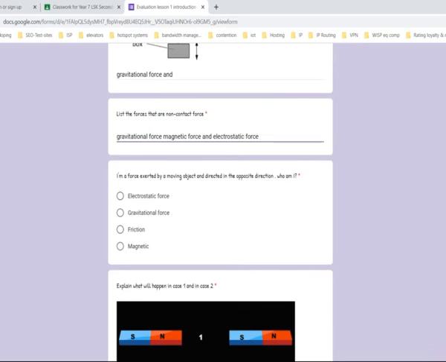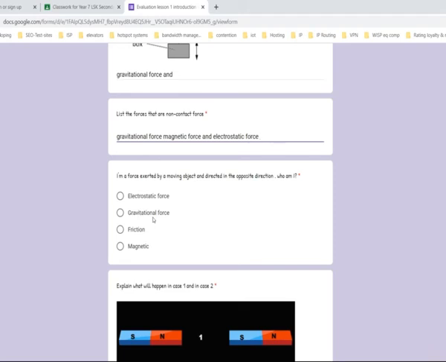Now, another question. I am a force exerted by a moving object and directed in the opposite direction. Which one is it? Is it electrostatic? No, because electrostatic is the force between charged objects. Is it gravitational force?